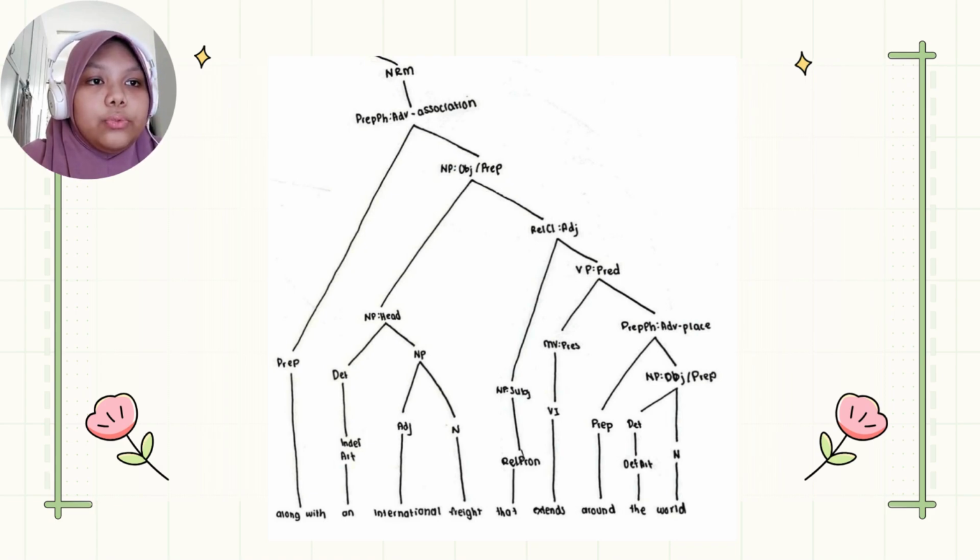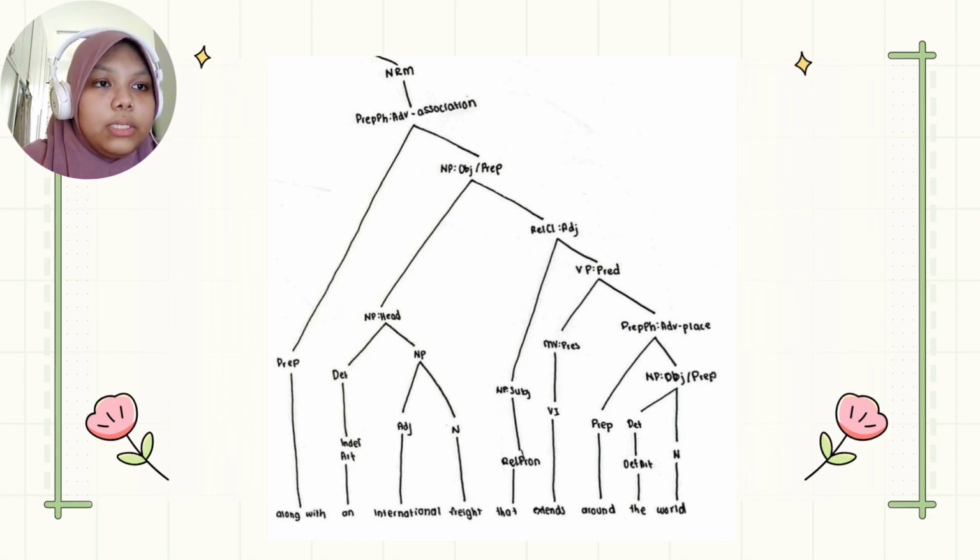And then afterwards, we have the prepositional phrase that is functioning as an adverbial place, because around the world here is indicating where it is. So we have the preposition, of course, around, and then we have the object of the preposition, which is the world here, a noun phrase.